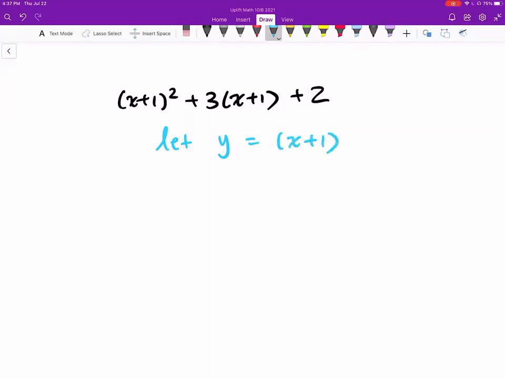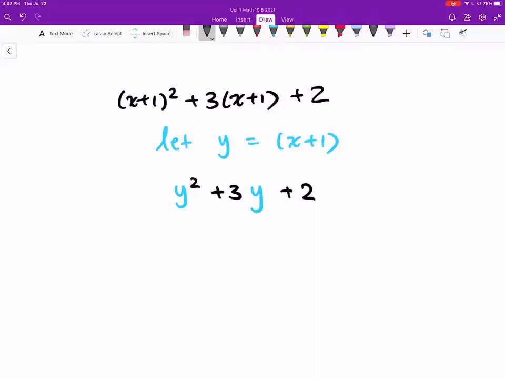What we can do now is rewrite the equation, but instead of x plus 1, we rewrite it using y. So we got y squared plus 3y plus 2. And this makes it easier to see the entire polynomial. If we were to do the AB thing, a plus b would equal 3 and a times b would equal 2.